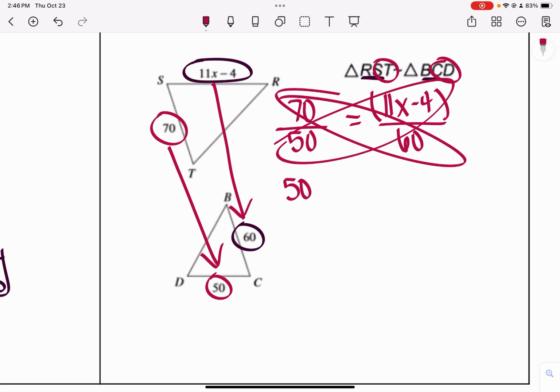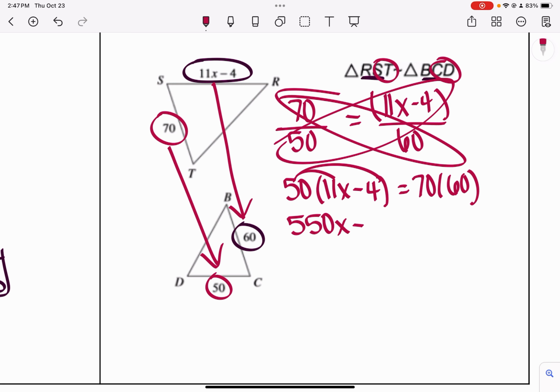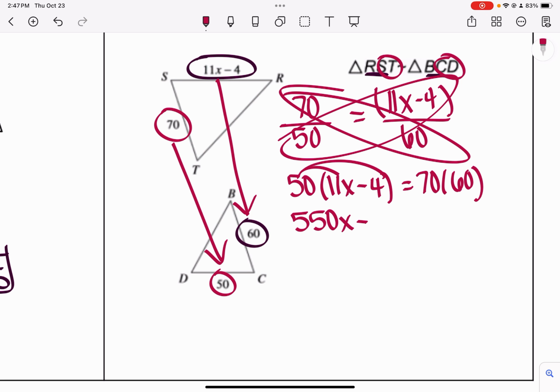So 50 times 11x minus 4 equals 70 times 60. So we're going to distribute that 50 through. So 50 times 11 is 550x, and then 50 times 4 is going to be 200, and then 70 times 60 is 4,200.